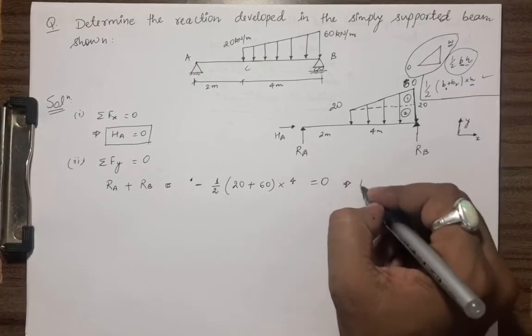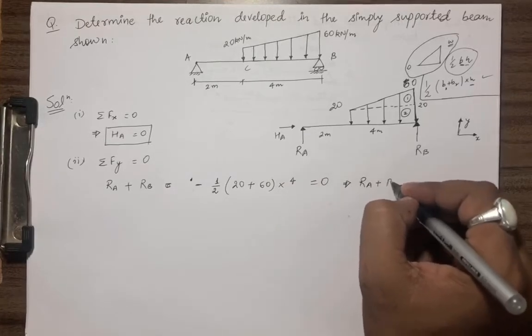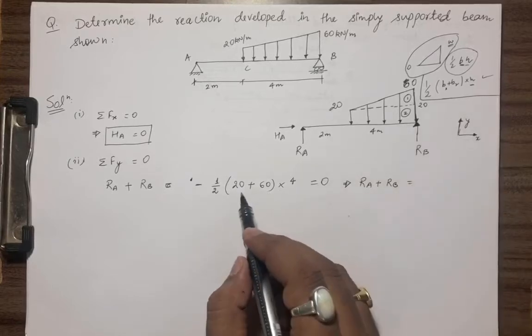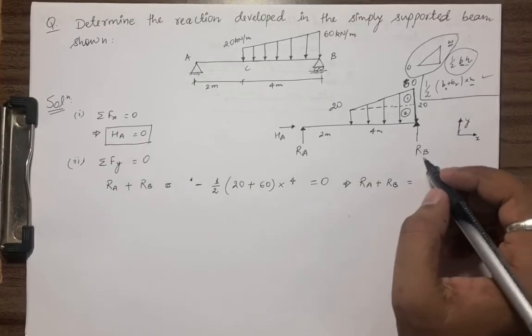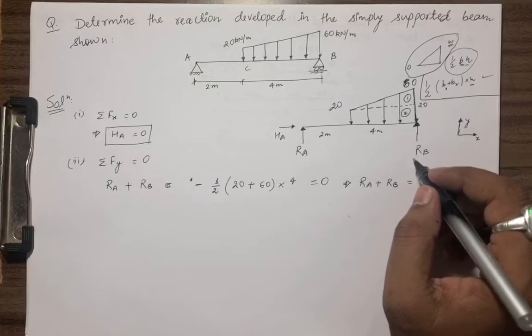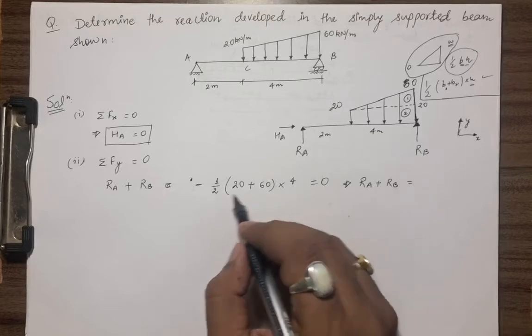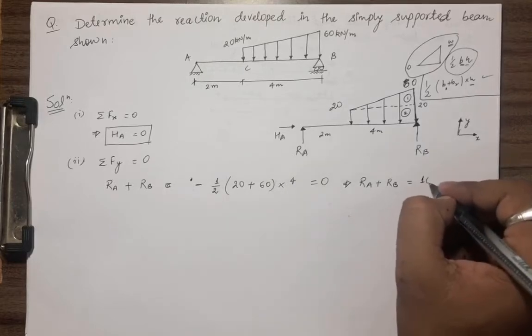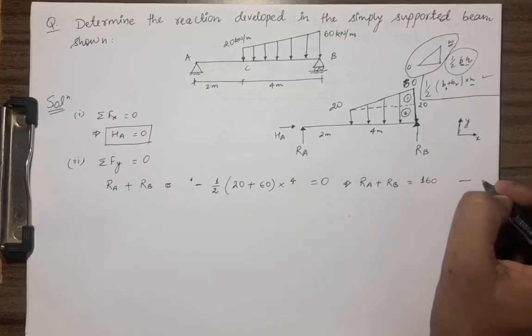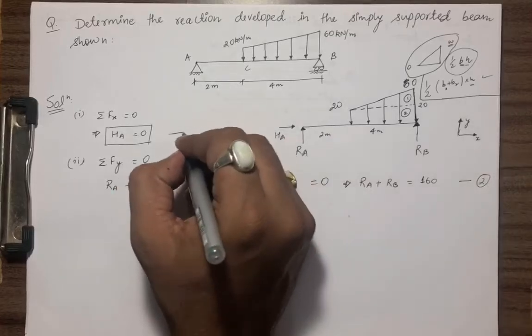So this will give you Ra plus Rb: 60 plus 20 is 80, 2 into 80 is 160. So this is equation number 2, and this is equation number 1.